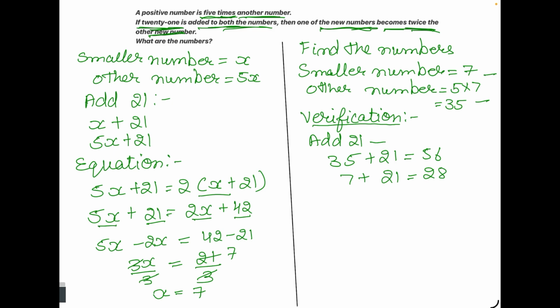Now we will see 56 is twice the 28, means that here it is written the new number is twice the other new number. So twice of 28 is 56, hence the condition is proved.